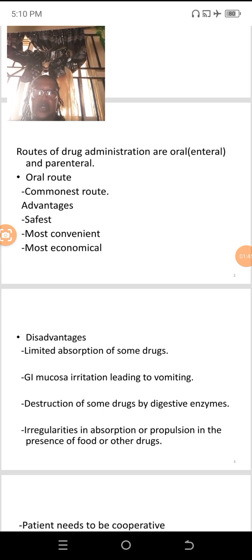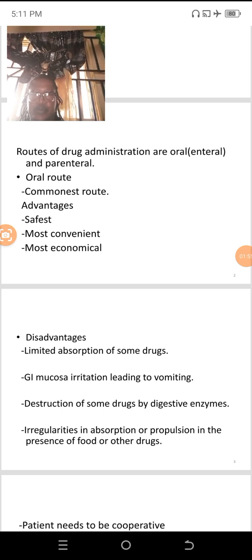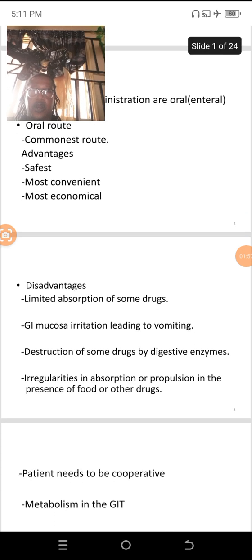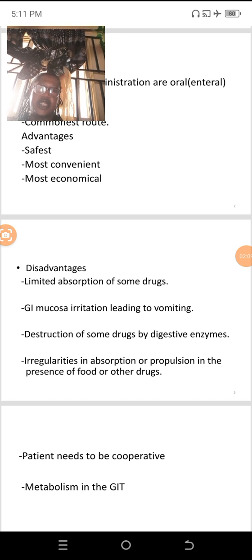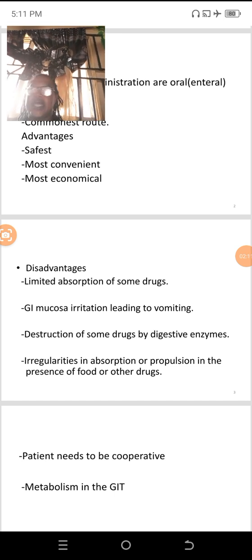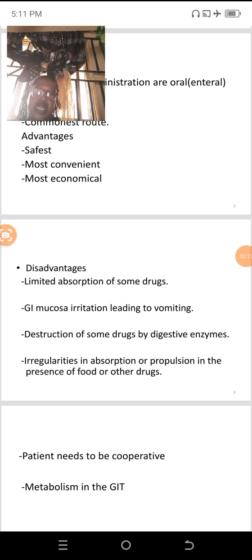Then certain drugs are destroyed by digestive enzymes and therefore will not be absorbed. For example, penicillin G. There could also be irregularities in absorption or proportion in the presence of foods or other drugs.